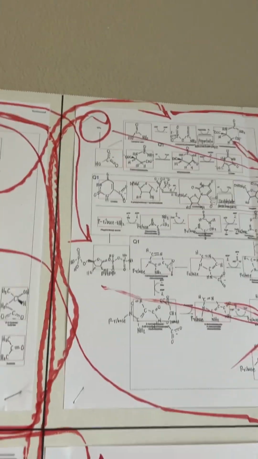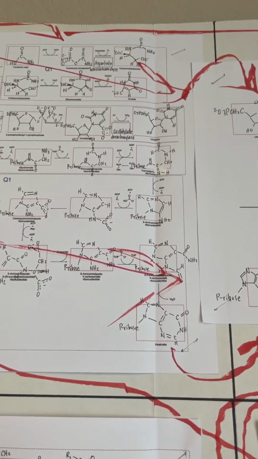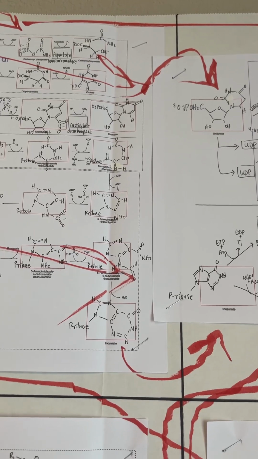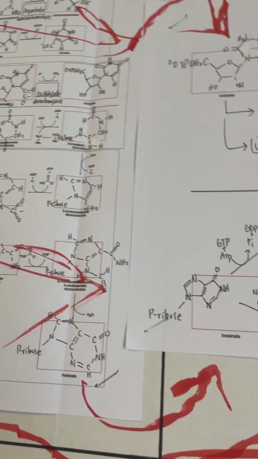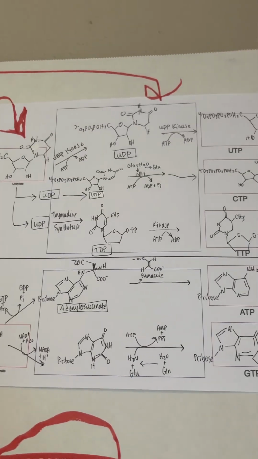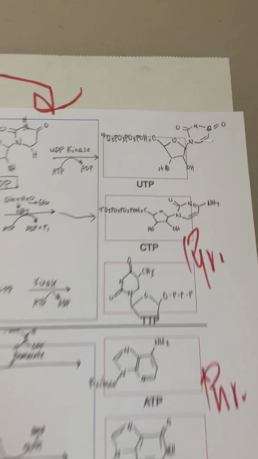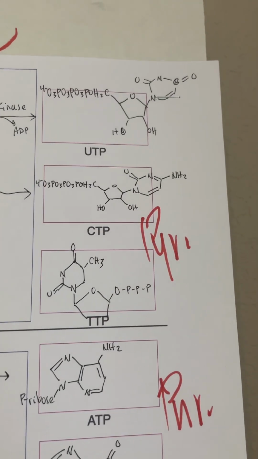So through the use of our carbon dioxide, the formation of our carbamic acid can lead us to the formation of our uridylate, which can then be used with different monophosphate kinases, which can be transformed to UTP.